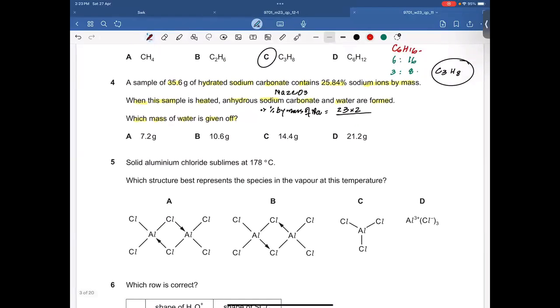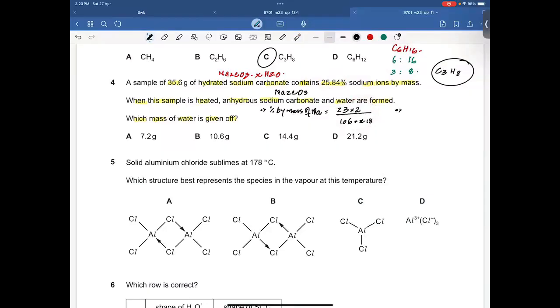So hydrated sodium carbonate is Na2CO3.xH2O because we don't know the value of X. So what we can do is divide by MR. MR is 106 plus x times 18. All right. And the percentage in this sample is basically 25.84.